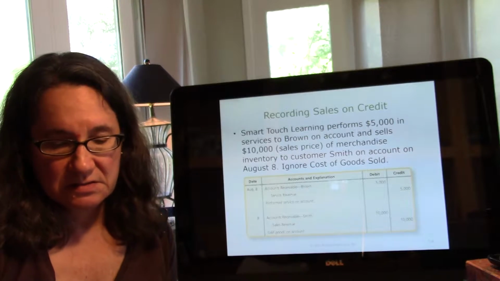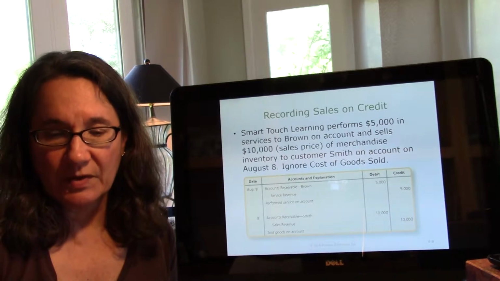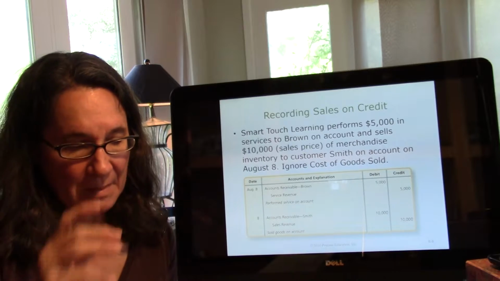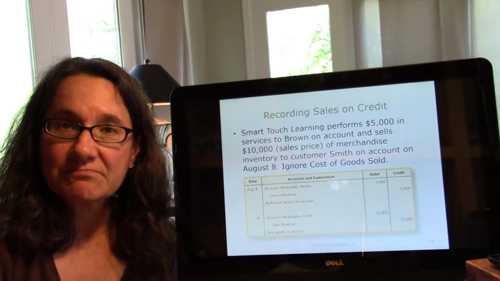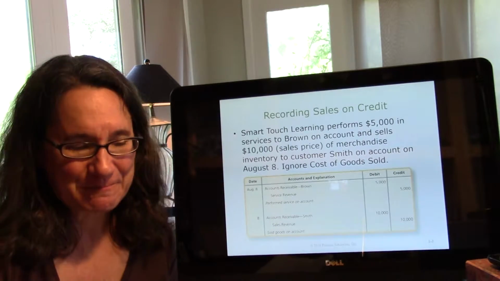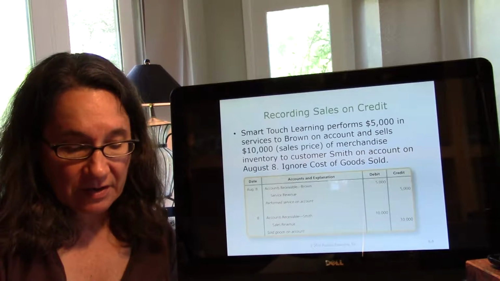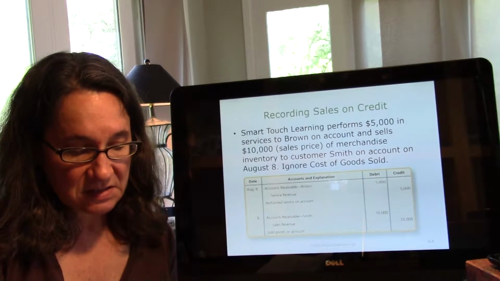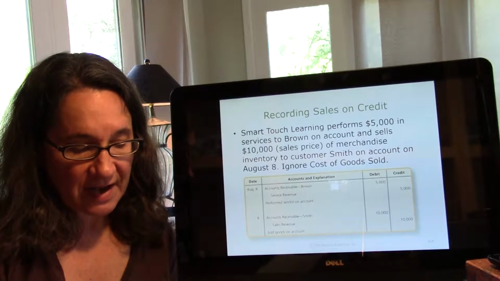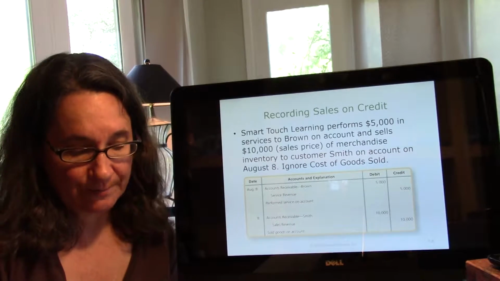How about talking about accounts receivable and how we record them? You should be pretty good at this. We've been doing this for a few weeks now. As stated earlier, selling on account, on credit, creates an account receivable.